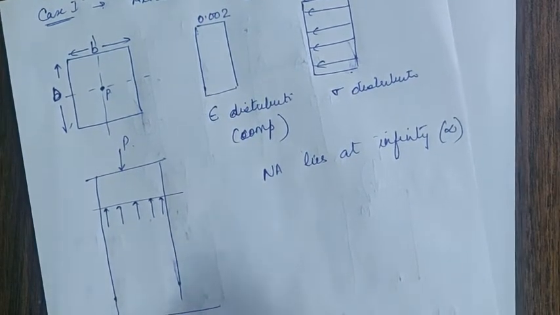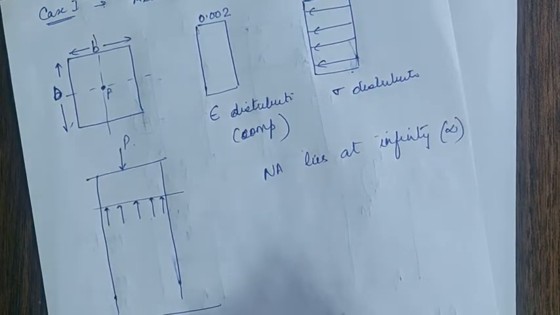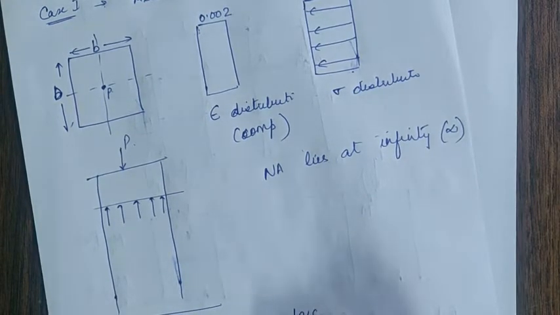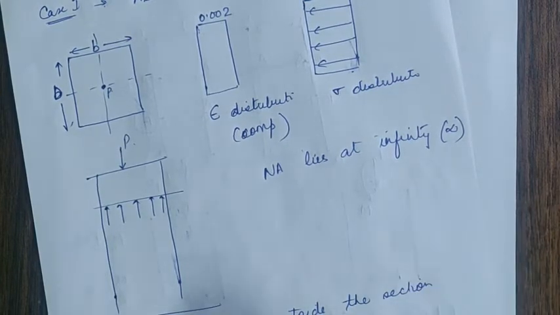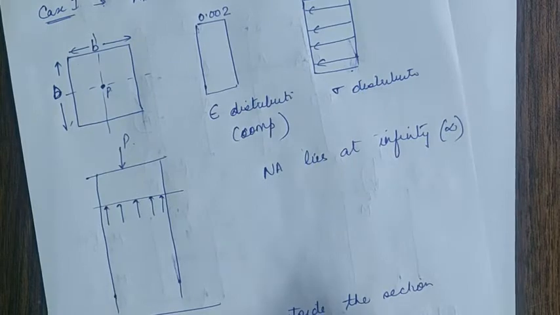Okay. Now coming to the second case, case 2. It says neutral axis lies outside the section. Eccentricity is small.